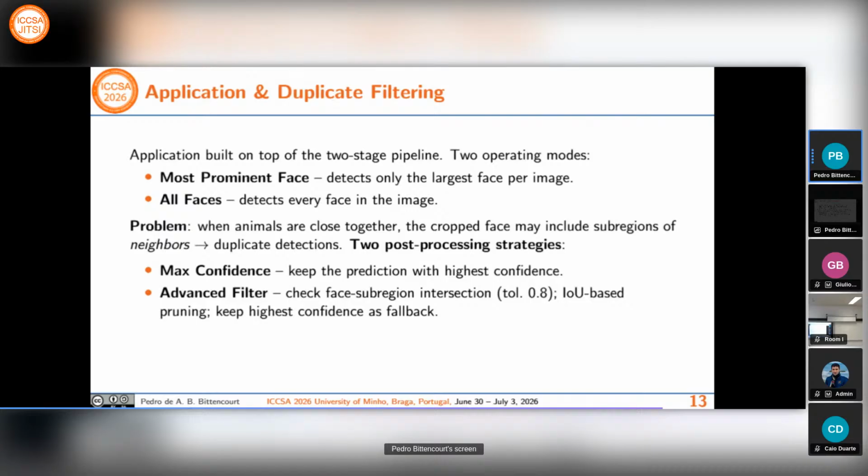To address this, we implemented two post-processing strategies. Max confidence simply keeps the highest confidence prediction, and the advanced filter is more sophisticated, using geometry constraints between subregion and face, plus IOU-based pruning.